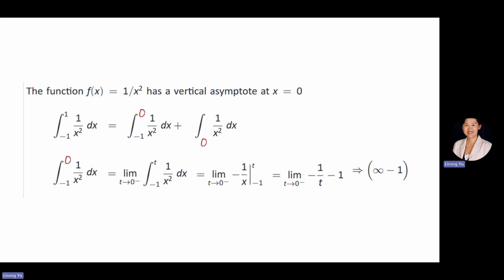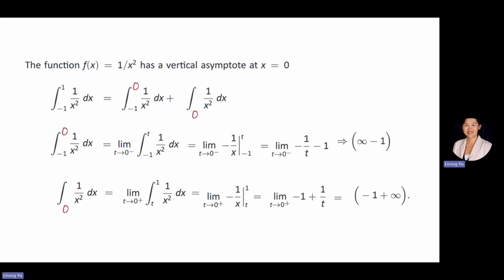And then when t goes to 0, this is undefined. So we can see that the integration value on the left is infinity. Let's see, first half, we end up having an integration value that equals infinity.